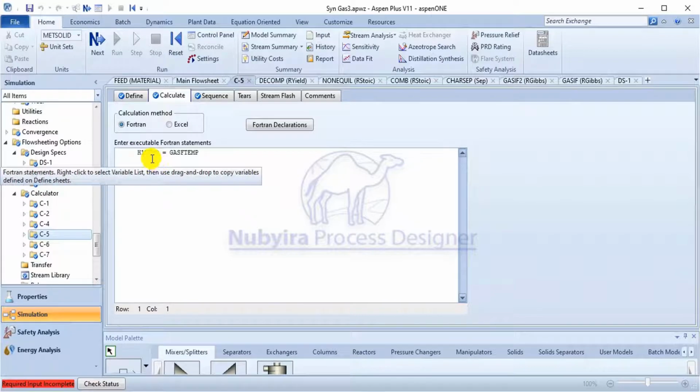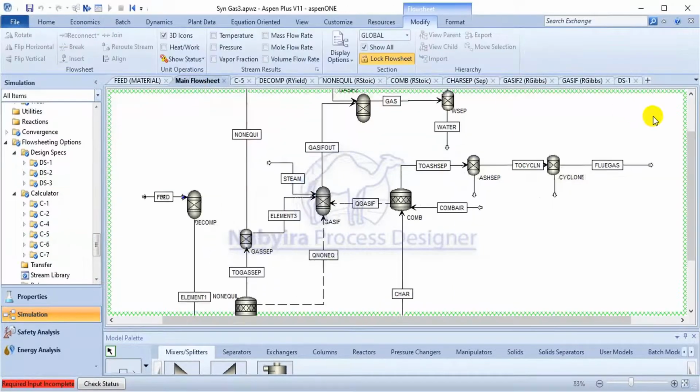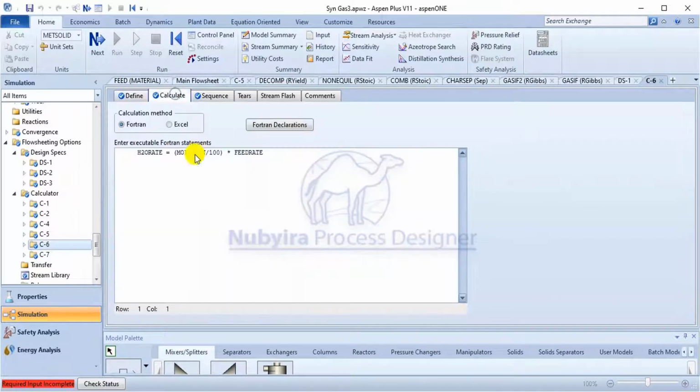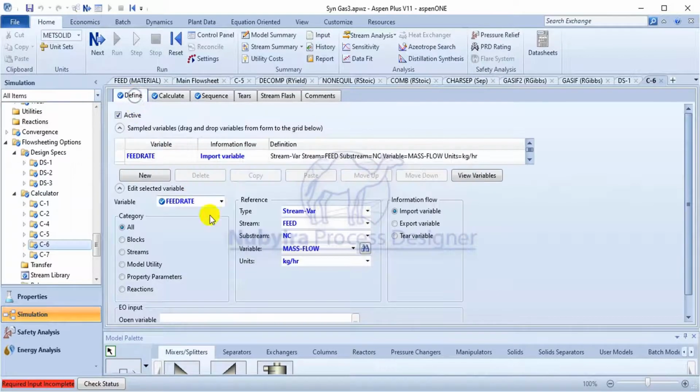This one will set the heater on top here, the temperature to the gasification temperature, like I said, we are using a calculator to set it up. We have this one which calculates the H2O rate from the moisture content that we specify for the biomass.